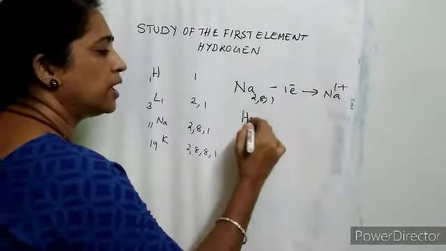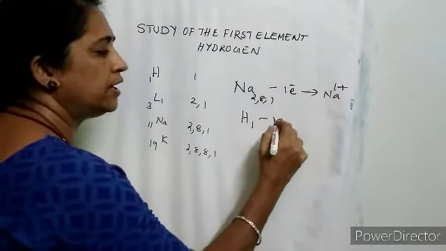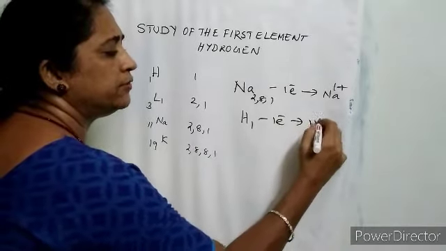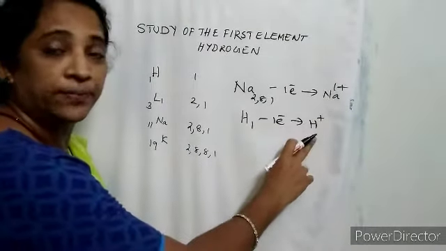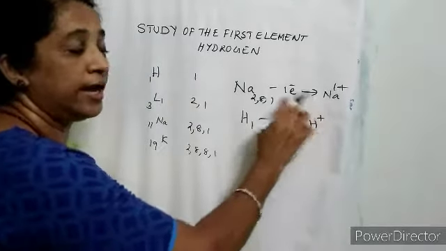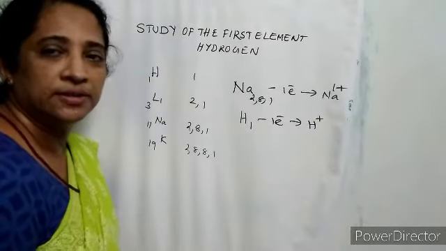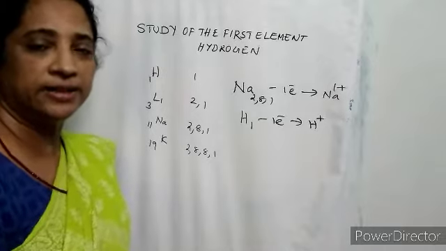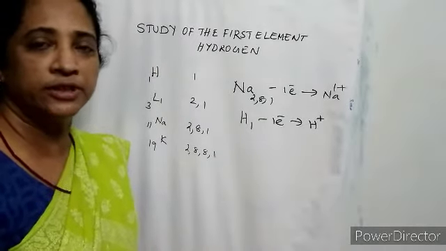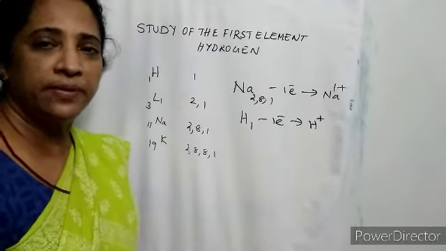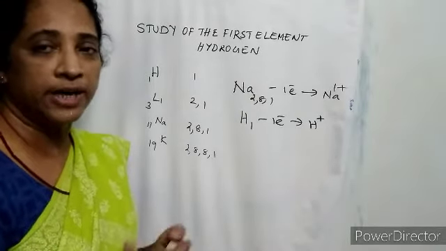Hydrogen also has 1 electron in the outer shell and forms a positively charged ion. The hydrogen atom loses 1 electron and forms a positive ion like alkali metals. So like alkali metals, hydrogen shows electropositive character. Electropositivity means loss of electrons like metals.